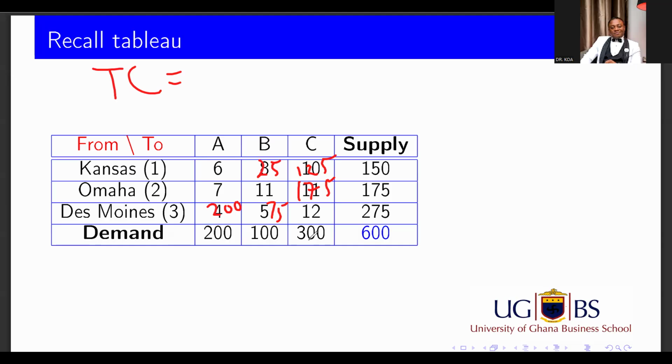It will be 4 times 200, plus 8 times 25, plus 5 times 75, plus 10 times 125, plus 11 times 175.